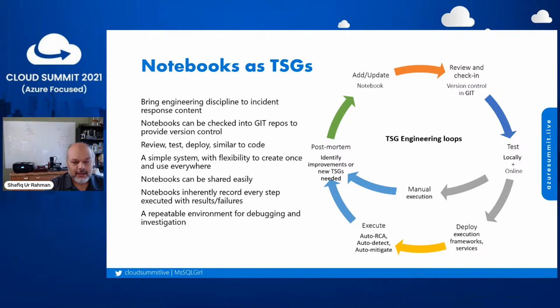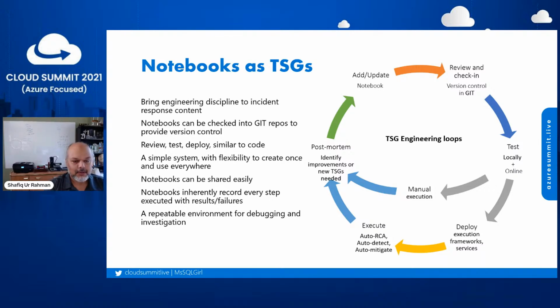Now you can check it in, and we are checking it into a GitHub repo or a Git repository. That allows people to review the changes and approve them. And then we also believe in testing the troubleshooting guides. Once it's all checked in and ready and tested, you can manually execute it. That's the inner loop you're seeing there.